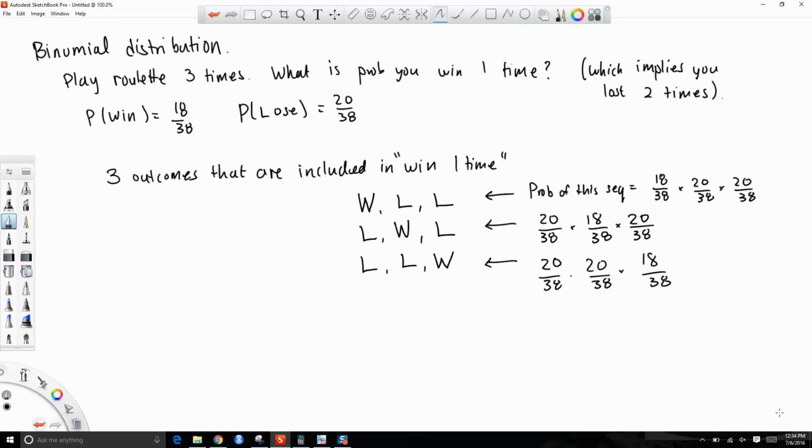Because multiplication is commutative, meaning the order doesn't matter, each sequence has the same probability.